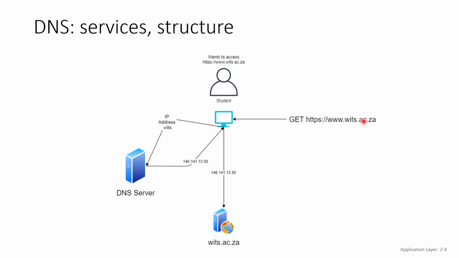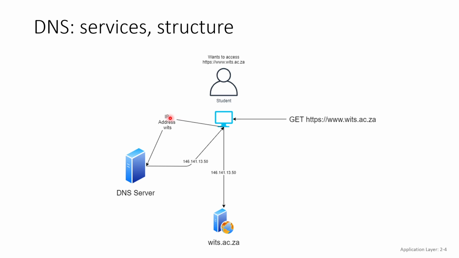So what it does, it gets the very last part of the URL, right? And then it gets the name, and after that, it will return your IP address. So it has to go to a DNS server and say, okay, look, I'm looking for an IP address that has a name that goes by www.ac.za.